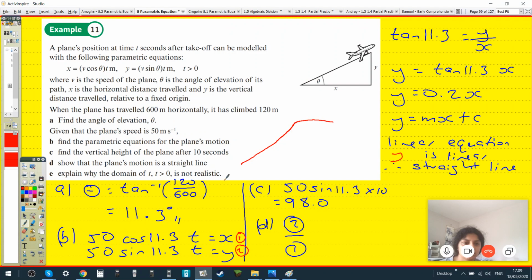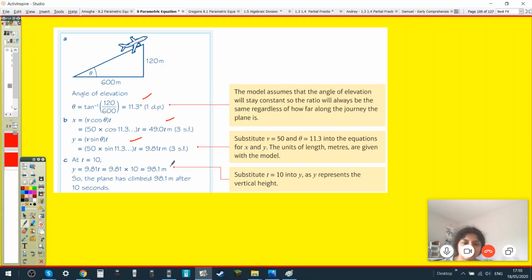Is that what you said? I think it's 98.0. They're saying 98.1. Who do I trust? I think they did that to 5 sig fig for their working out. So keep your previous working to 5 sig fig and then round this one to 3 sig fig.